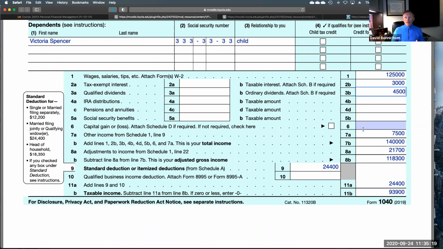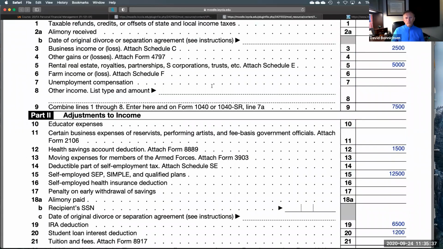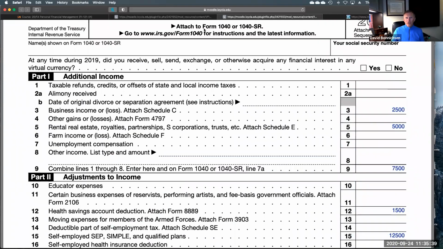Now we're moving our way into line 7A, and this says other income from Schedule 1, line 9. So that tells us at this point, we've got to go to Schedule 1, which is also posted to the Learning Management System portal. So let's go to Schedule 1. And here's what Schedule 1 looks like.